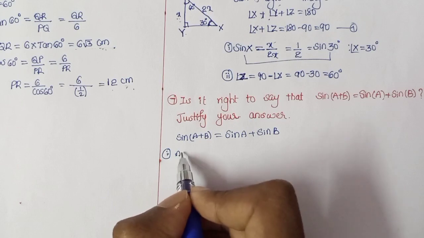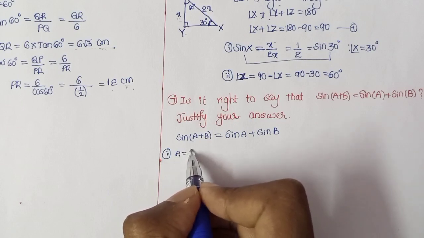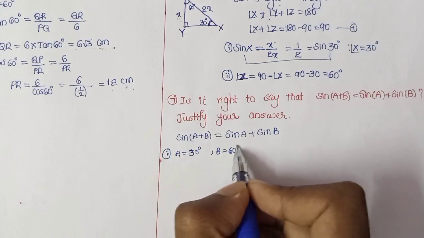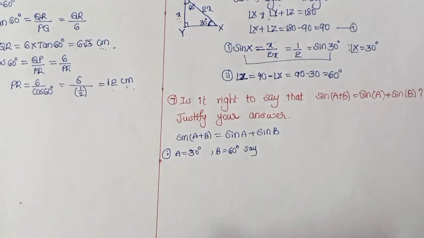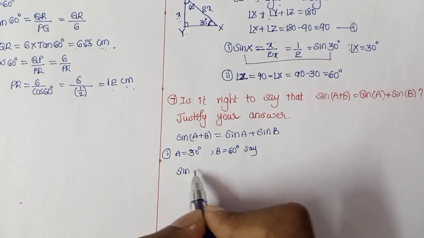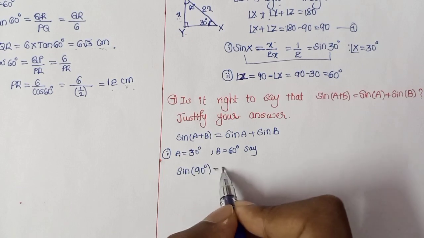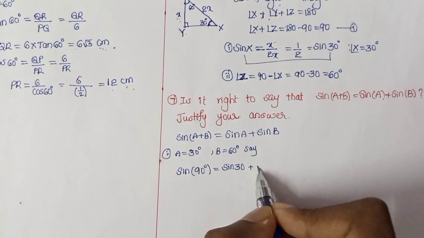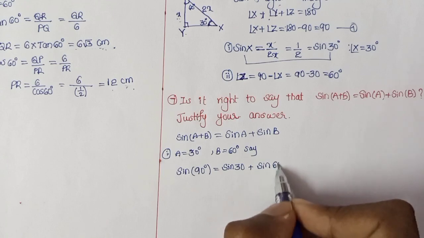Let's say A is 30 degrees and B is 60 degrees. If you take it like that, what is sin(A + B)? Sin(A + B) means sin 90, and sin A plus sin B is sin 30 plus sin 60.